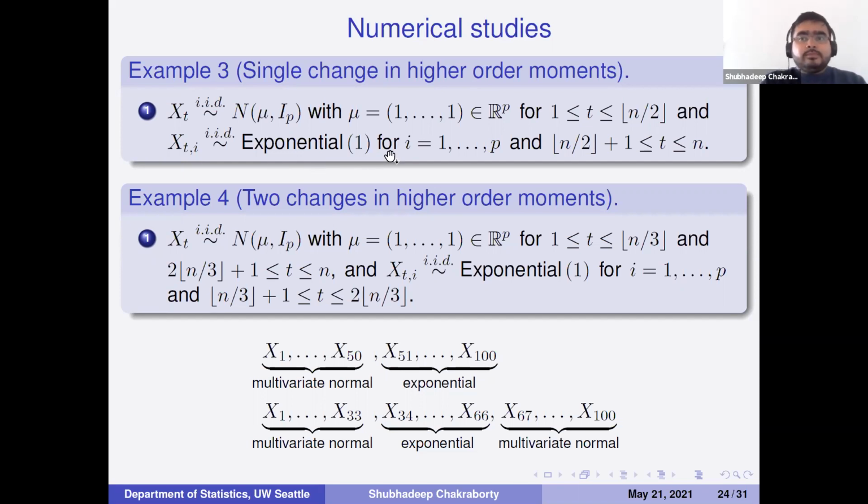Just like we discussed before, the mean remains exactly the same, and the variance elements also remain exactly the same, but there is indeed a change in distribution at this point. In example 4, we consider two change points. The first and the last one-third of the observations we draw from a multivariate normal with unit mean and identity covariance structure, and the middle one-third we draw from the exponential distribution.